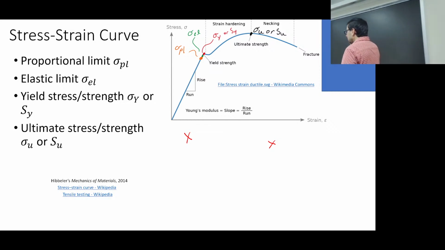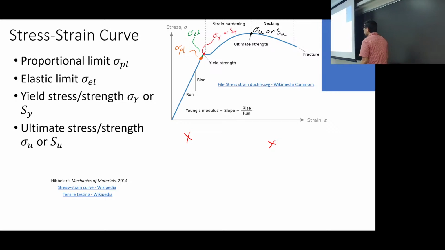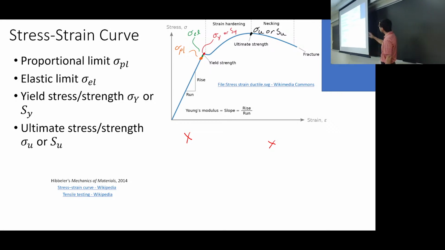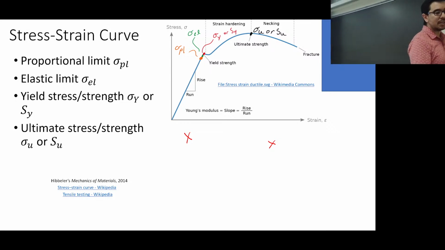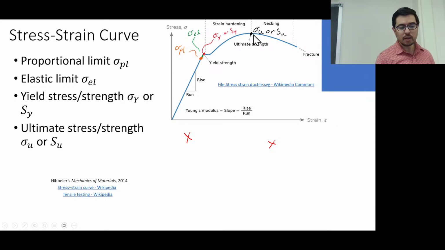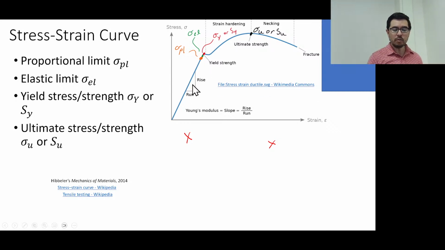Now this measurement can be a little bit tricky because once you've gotten into this much of the plasticity of the material, the cross-sectional area is actually changing. So that means that the cross-sectional area is smaller here than it was, say, over here.